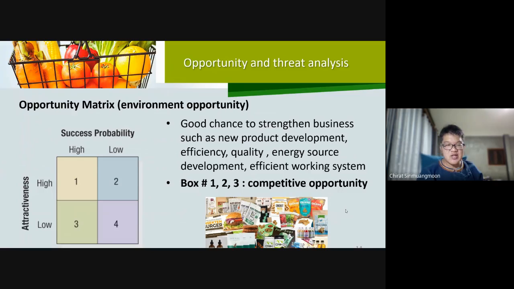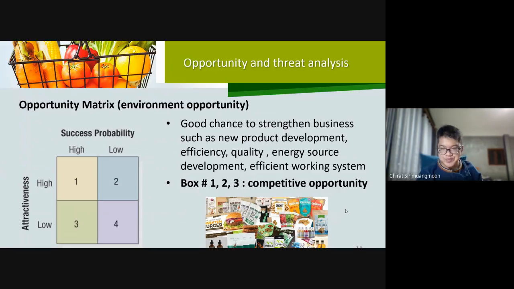Generally, we have high and low on both sides. Then what are you going to do? Generally, the opportunity matrix will help you create a map that presents a good chance to strengthen the business. It means after you do the analysis, you will know which way you should go.